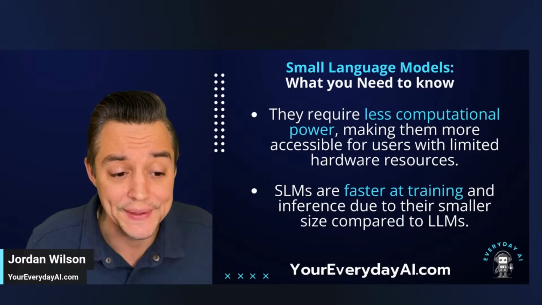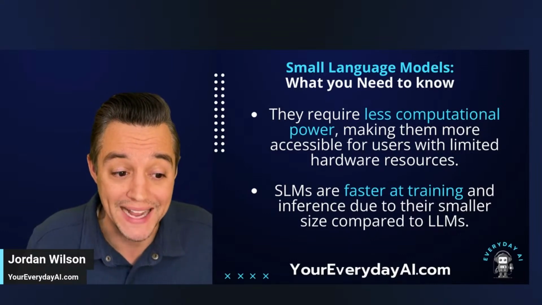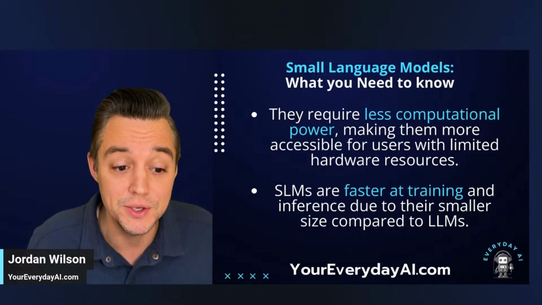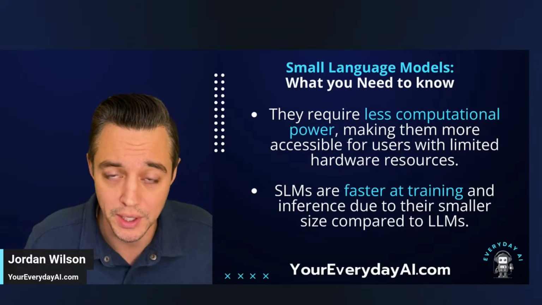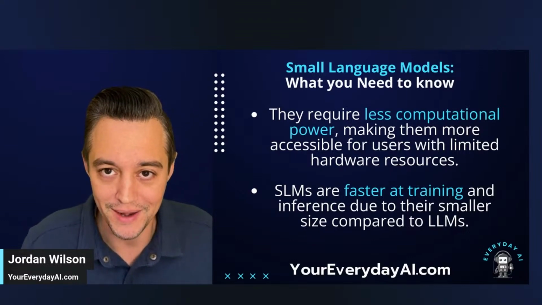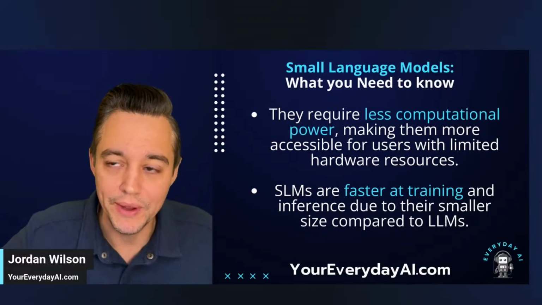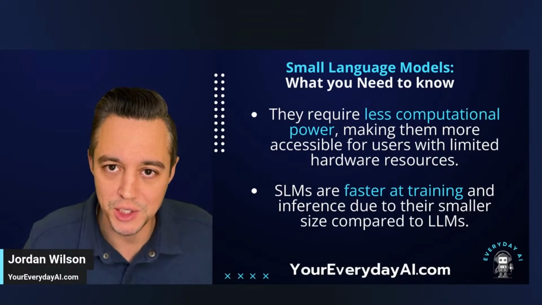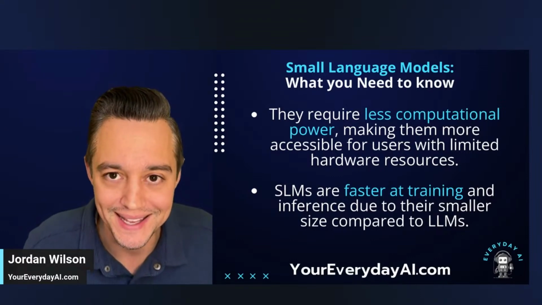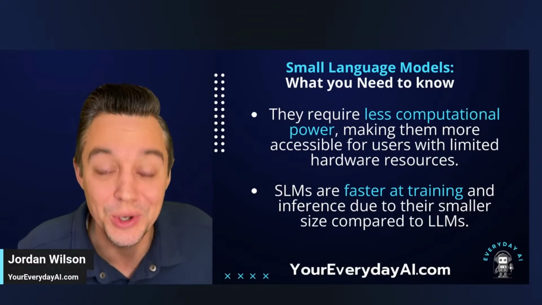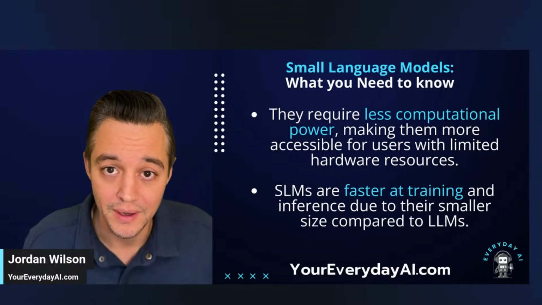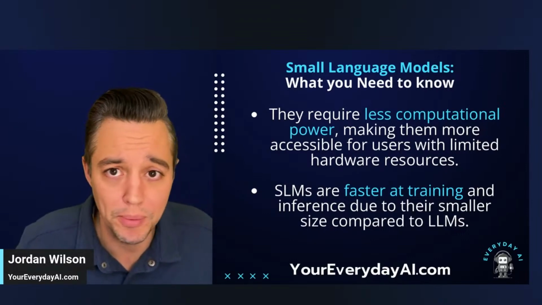Even with that, in the same vein, small language models are faster at training and inference due to their smaller size compared to large language models, right? It's faster when there are way fewer parameters, especially when you're using a small language model for what it's good at. It's on device. It has fewer parameters to look through.